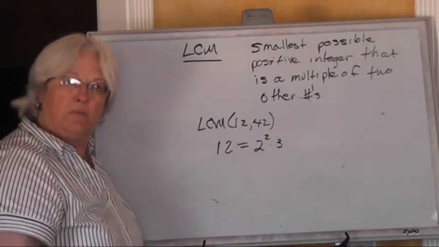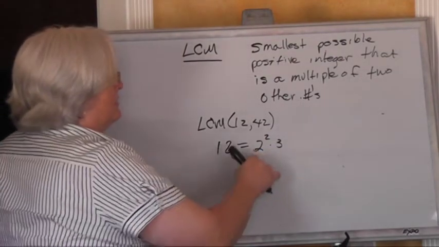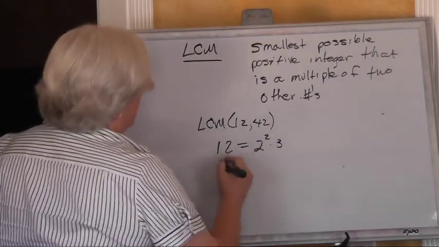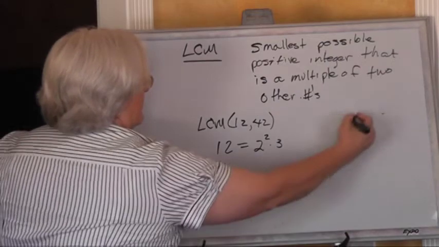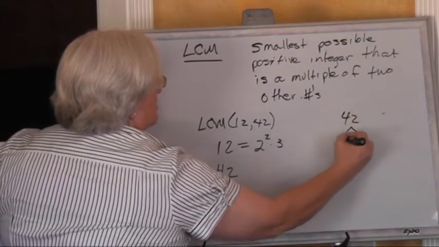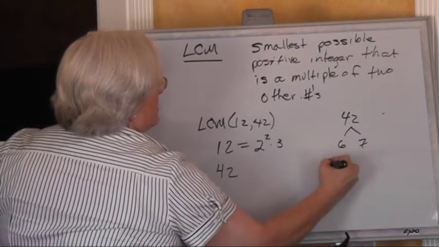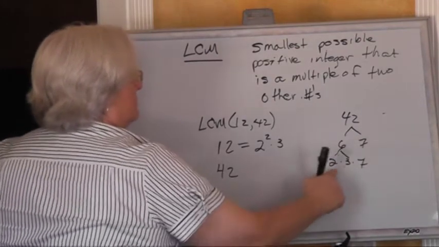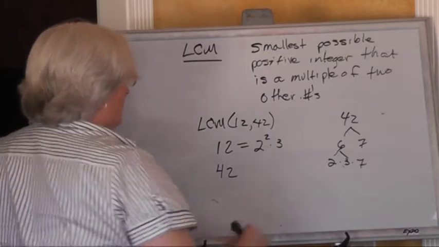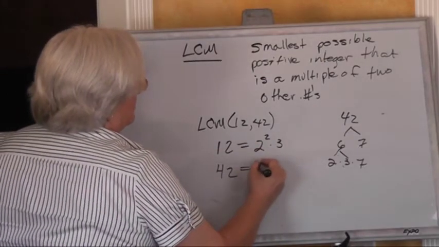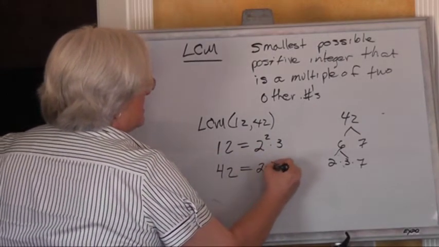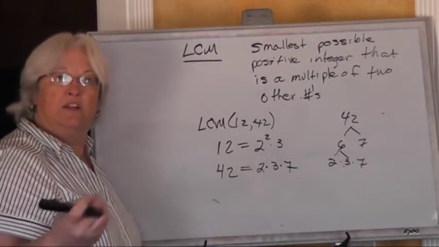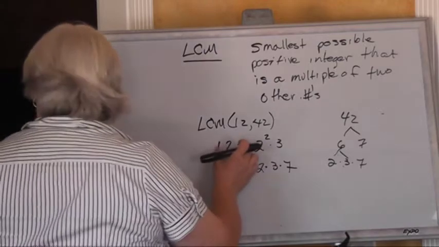If you don't, go ahead and practice your prime factorization. 2 squared is 4, times 3 is 12. 42, well 42 is 6 times 7, so it's 2 times 3 times 7. 2 times 3 is 6, times 7 is 42. What I've done here is I have a prime factorization of each one of these numbers.